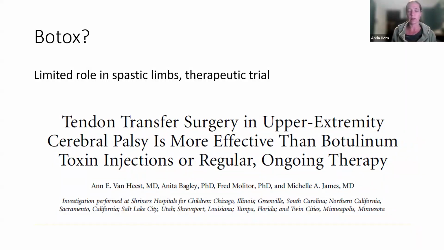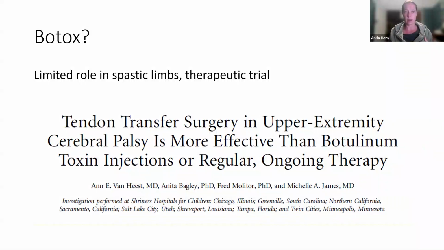If we had to make money just from consulting, we would have to work very, very hard. So these guys, if they could make a few thousand rand by doing an injection, that's obviously very beneficial for them. So they completely over-service the patients. Anyway, I digress. But Botox, again, has a limited role in spastic limbs.